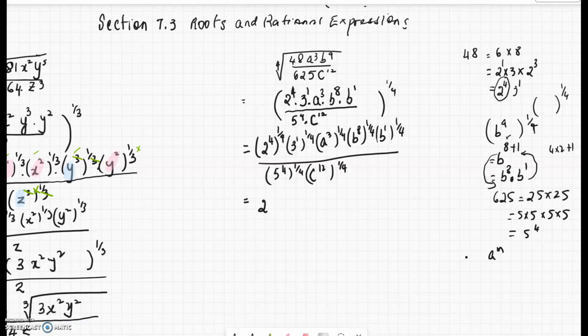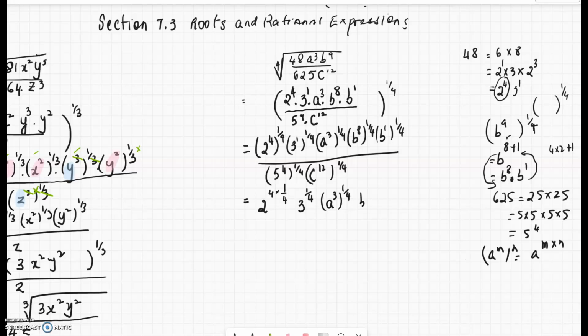A to the m whole to the n is equal to a to the m times n. That's the rule that tells me this is 4 times 1/4. So I'm writing down an extra step. So this is 3 to the 1 times 1/4. That's equal to 1/4. And I'm going to leave this as a cubed to the 1/4. Anything that cannot be simplified, I'm going to write it as a 4th root at the end. So I'm going to leave the 1/4 alone.